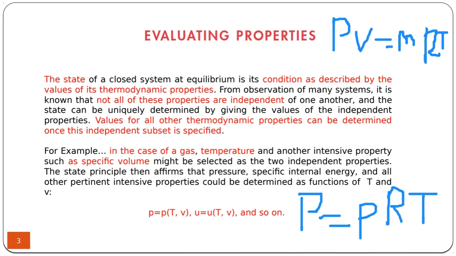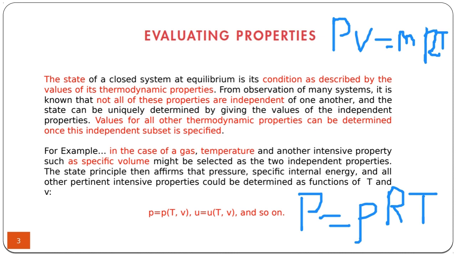Here, density is in kilograms per cubic meter. R is the ideal gas constant for the specific gas, whichever the gas is, and T is the temperature in Kelvin. So as you can see, pressure is related directly to density and temperature.